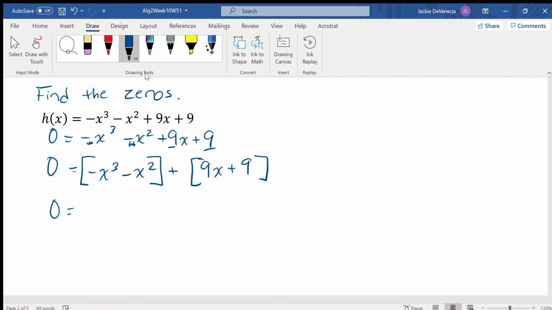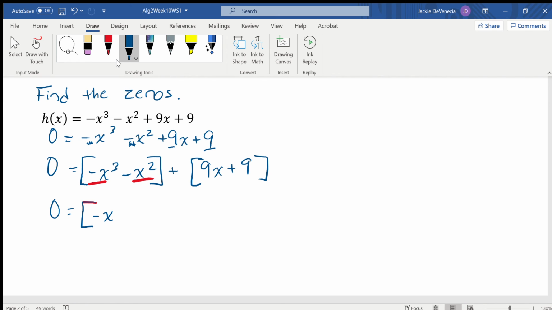So let's start off with the x's. What's the greatest common factor of these guys? What's the exponent that I can take away from both of them? If you notice, I can actually take away 2 from both of them. So I'm going to draw my bracket, and I'm going to take away a -2 squared.